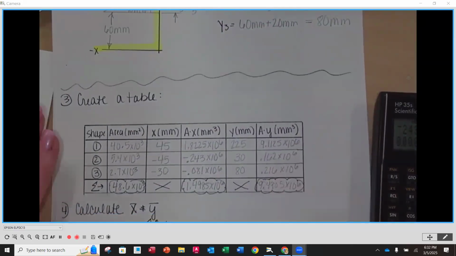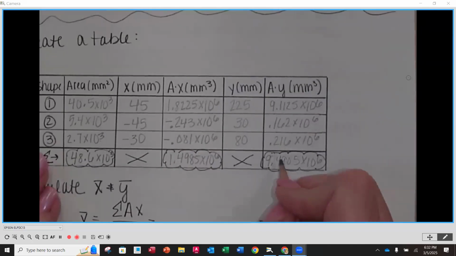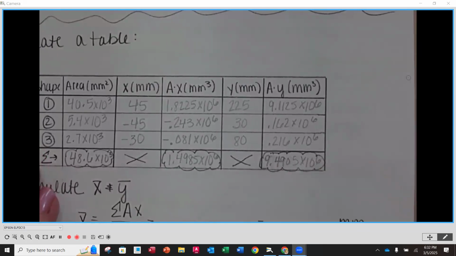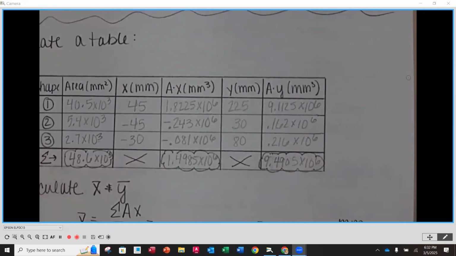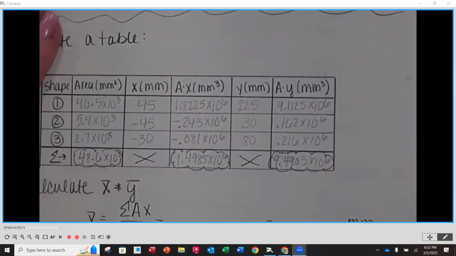I didn't double check my numbers, but I'll zoom in. And hopefully yours are matching mine. Once we have our totals for the columns that we need for the X bar and the Y bar, go ahead and fill in for X bar and Y bar and see what you get. Do my numbers and anybody else get the same numbers in my columns? Okay, just as a quick confirmation.